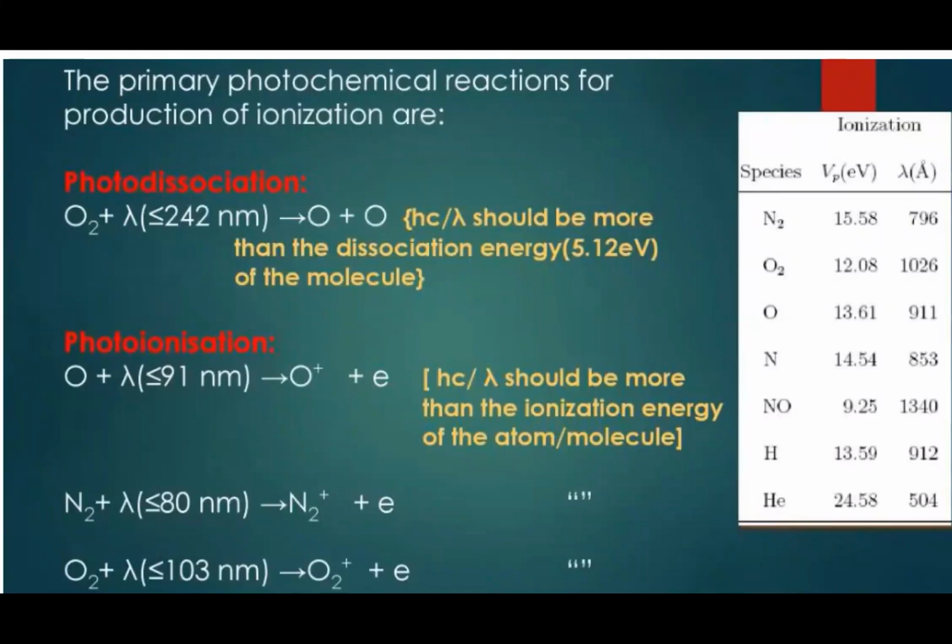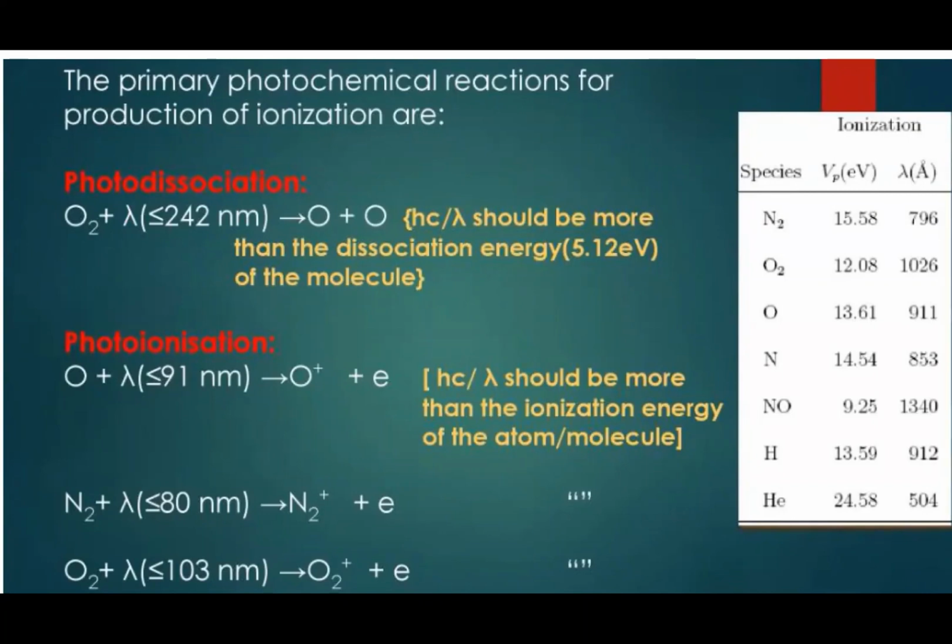Now, photoionization is another process. For example, the atomic oxygen that is produced in this process absorbs a certain wavelength satisfying some criteria, that it should be less than 91 nanometers for atomic oxygen, and then it gets converted to an O+ ion, a positive ion, and a free electron.